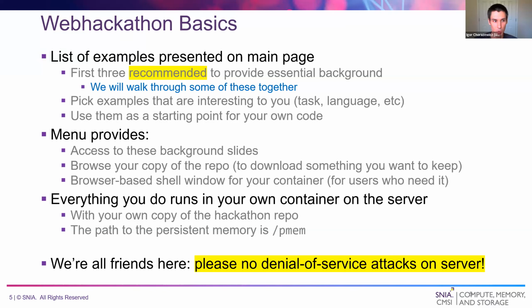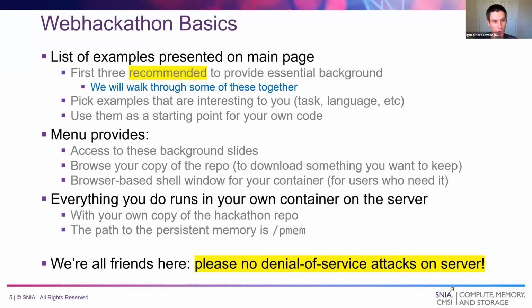I will walk through probably the first one with you, just to show you how the entire infrastructure and examples work. After that, you are free to choose any example that you are interested in. There are very different ones, and they range from C and C++ examples to Python and Java ones. So hopefully everyone can find something interesting.